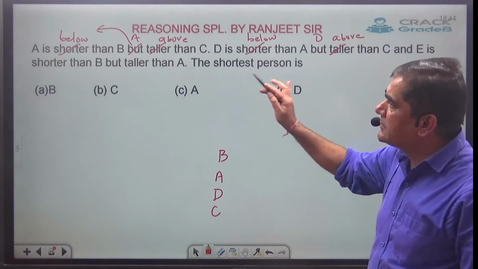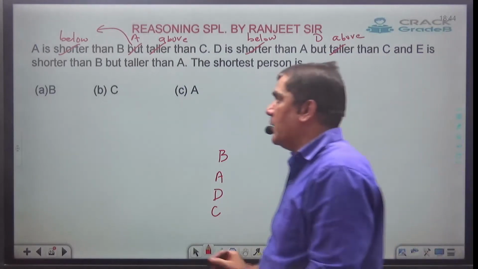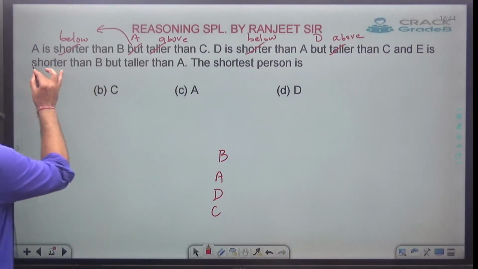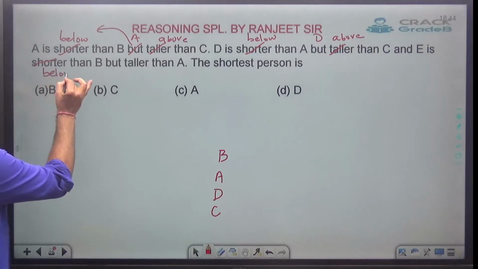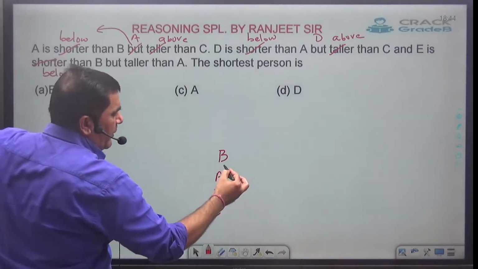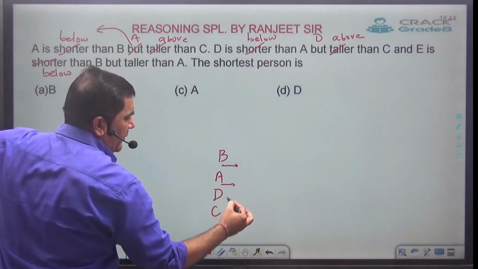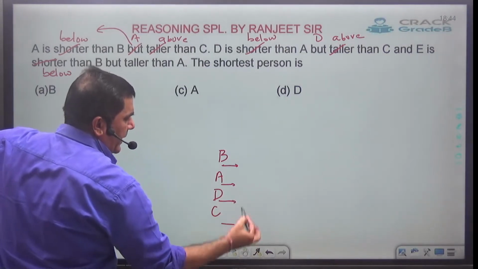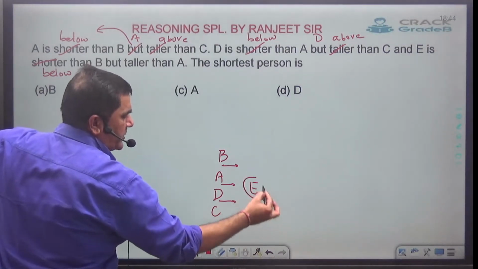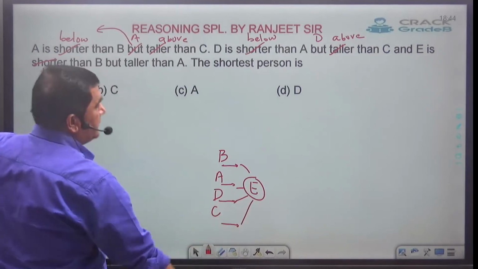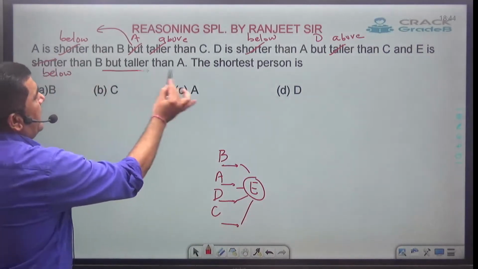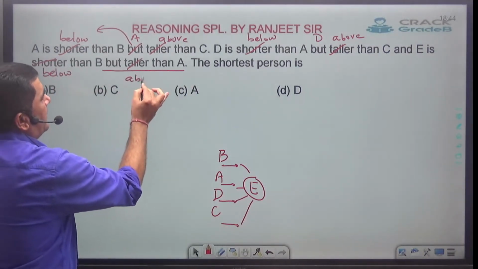And E is shorter than B. Shorter means below. So E will be below B. E can be over here, over here, over here, or over here. These are the four possible cases for E. But taller than A. Taller means above.